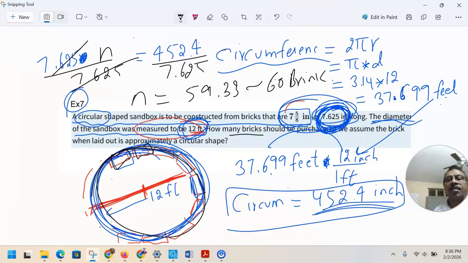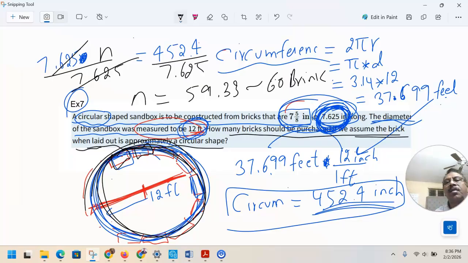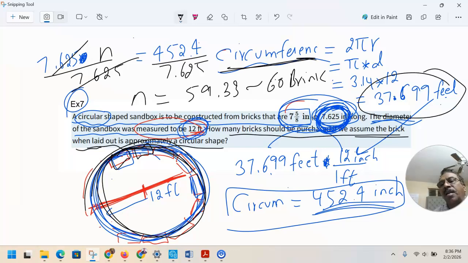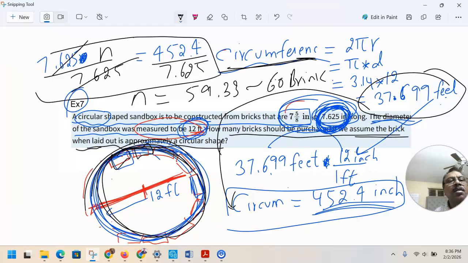The question was how many bricks you should purchase, if we assume the bricks laid out form approximately a circular shape like this. To wrap up: first, find the circumference in feet. Change it into inches, then use the length of one brick, 7.625.